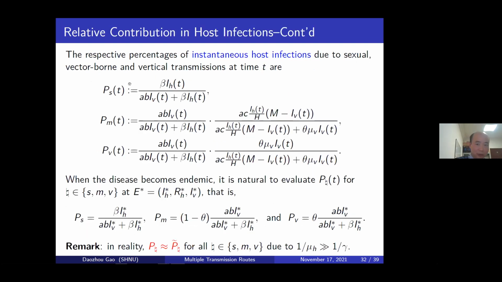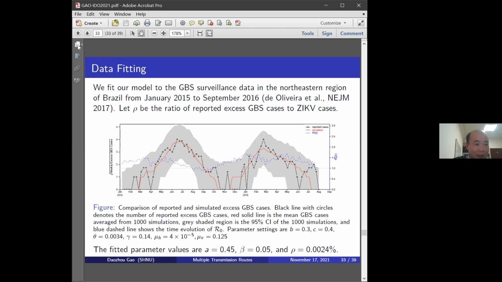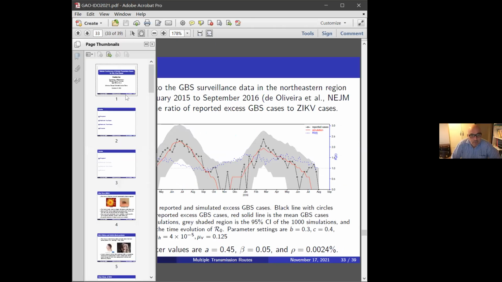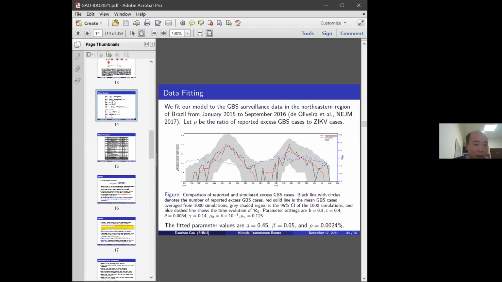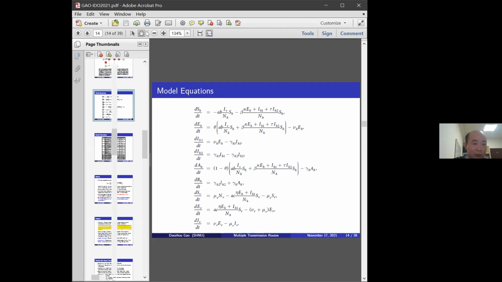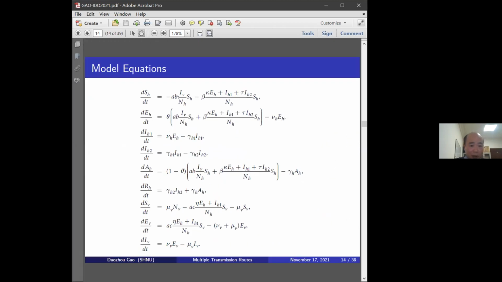Can you still see my screen? Okay. In this model, I do not consider human birth and death, so there's no birth and death. We consider a simple SIR model.